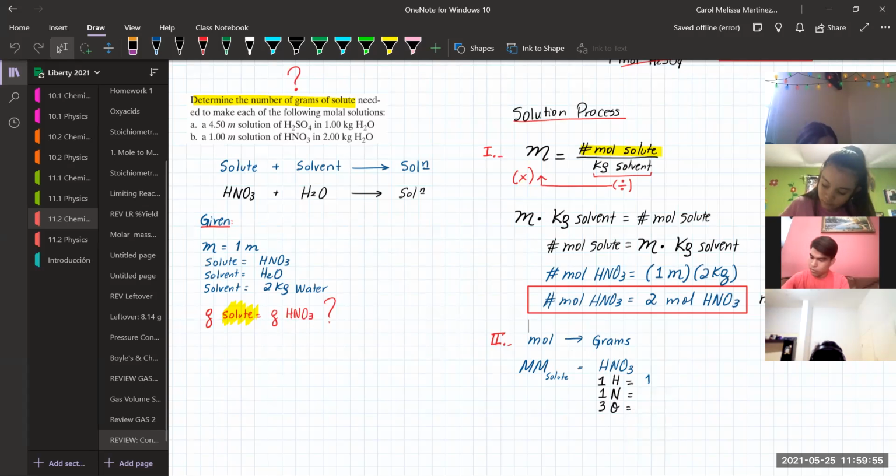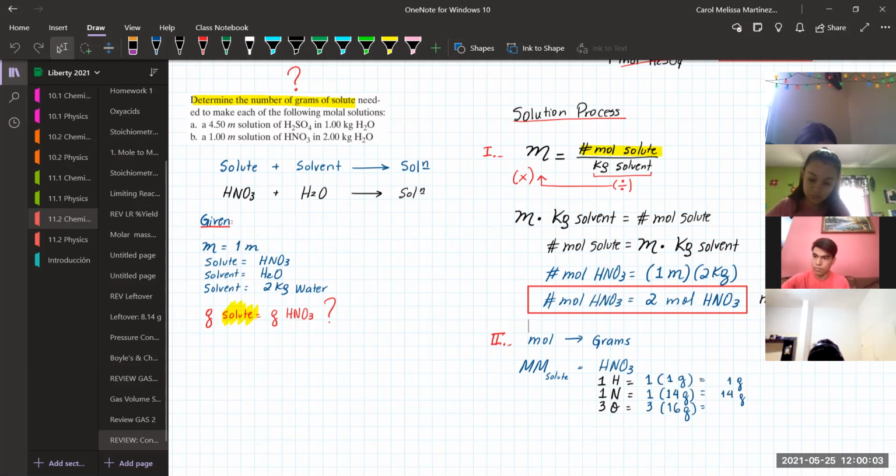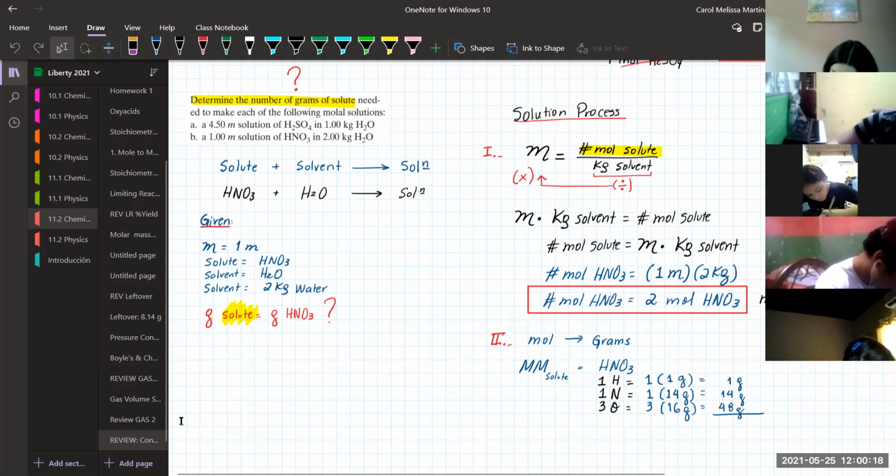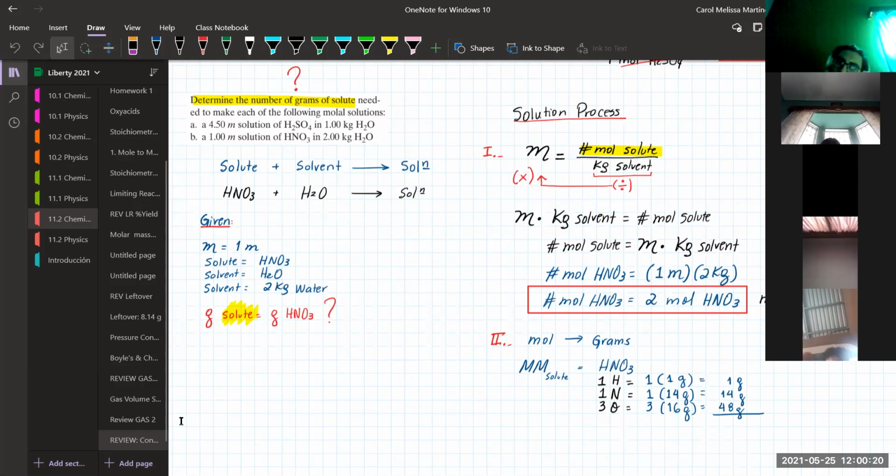In total, you have 1 gram plus 14 grams plus 48 grams. How much is this? 63 grams per mole.